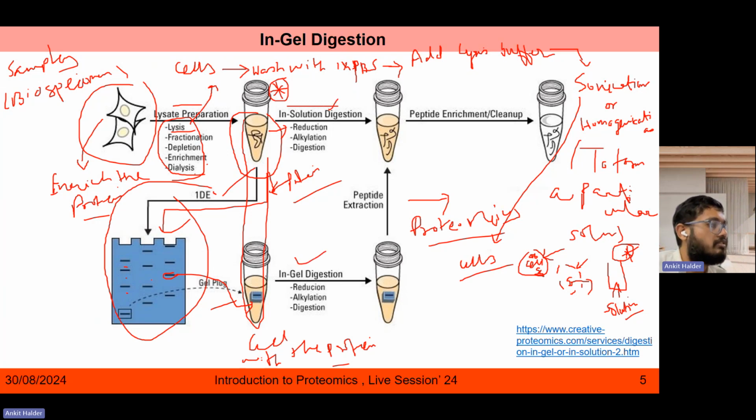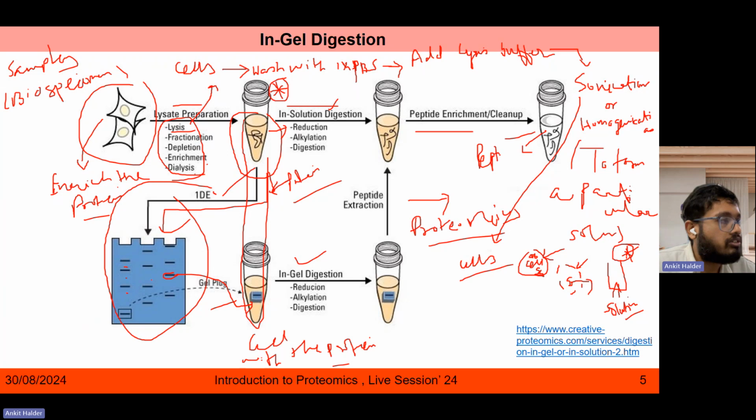That's why this is given in the same column, if you see, because it depicts that it is at the same step where you have the protein either in the solution or in the gel, but now in the solution. So now the steps are the reduction, alkylation and digestion, followed by peptide enrichment or cleanup, and then getting the peptides.